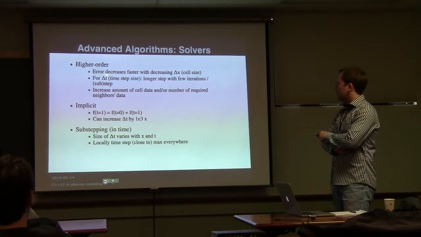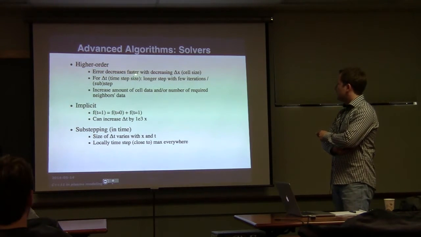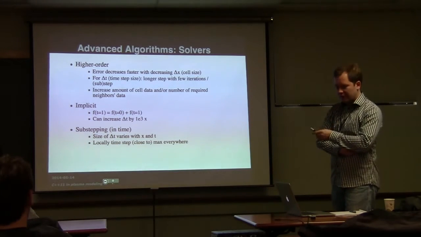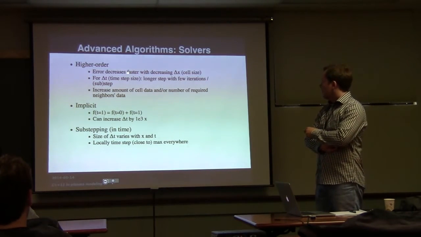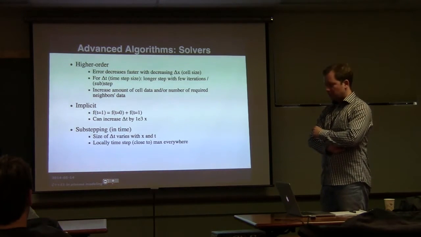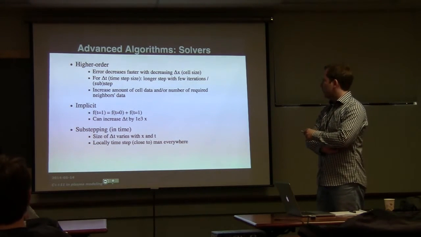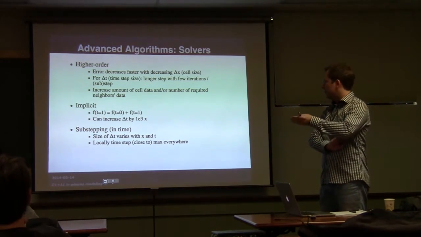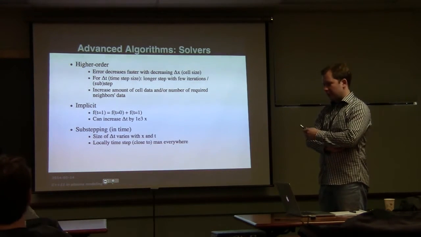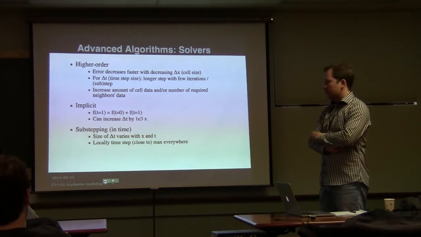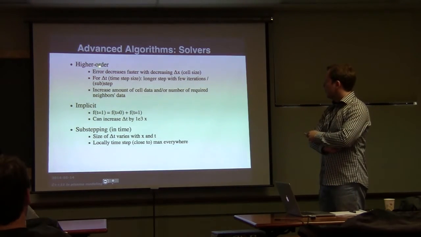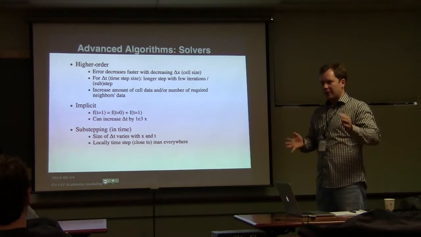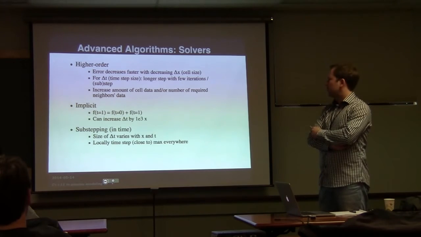So basically the error of the solution decreases faster if you use more cells than with a lower order solver. If it's a high order temporal solver, then you can take longer time steps, which reduces the time to solution, but increases the amount of data you have to gather from around the cell to calculate the new state.